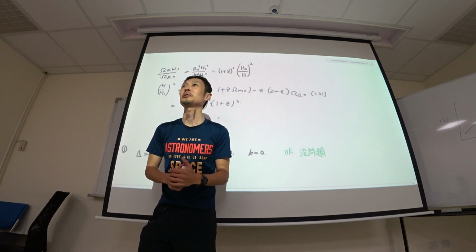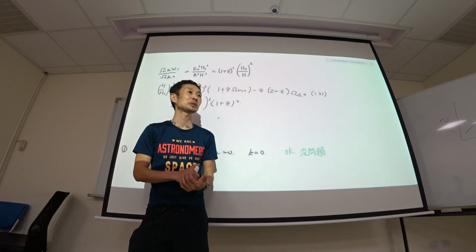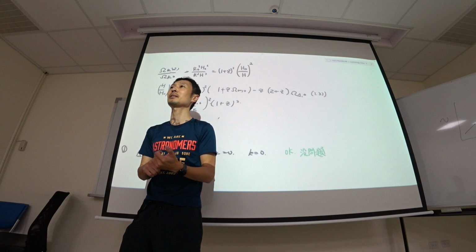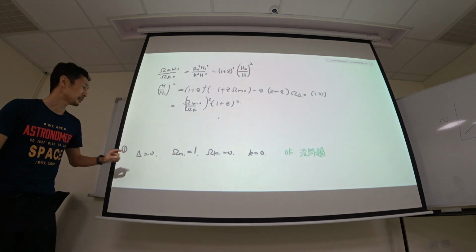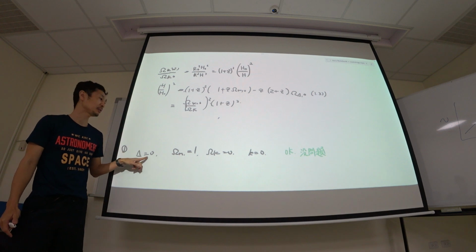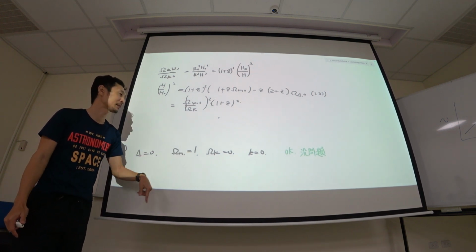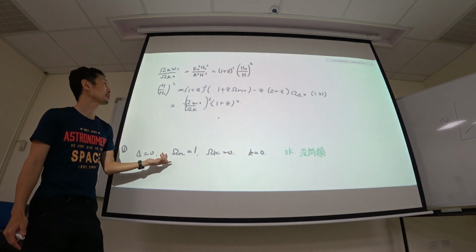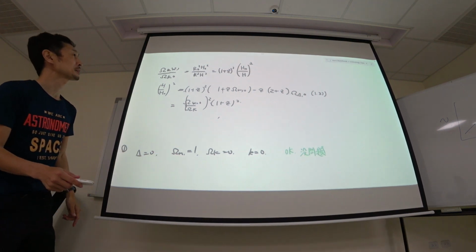Now, what if the universe is dominated by matter? This is called the Einstein-de Sitter universe, something Einstein thought about. So now there's no dark energy. Lambda is 0, and there's only dark matter, so omega matter is 1. Curvature is 0. And then no problem, we can create such a universe.